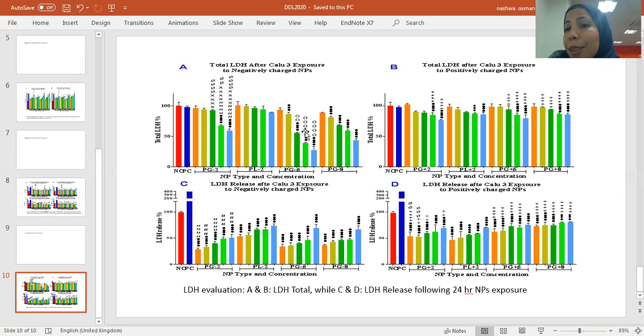But we expect to see a higher release at these high concentrations. When we look into the release, we see increasing concentration is associated with increasing release, but the release never amounts to the negative control, which is this red bar. This denotes a possible interference or absorption effect on the LDH around the nanoparticle, with the nanoparticle still in the medium.